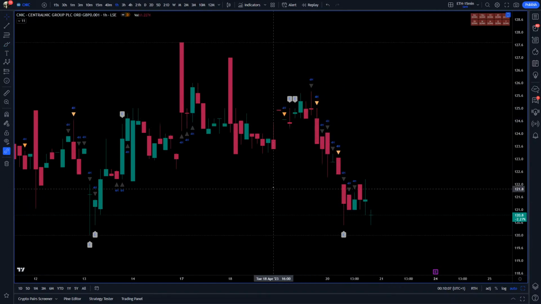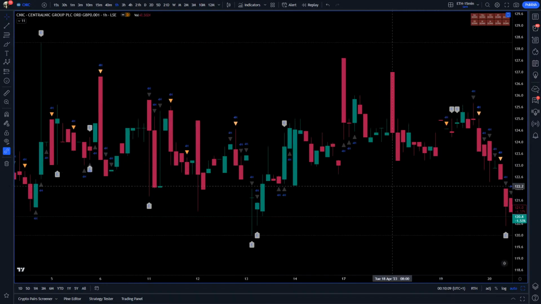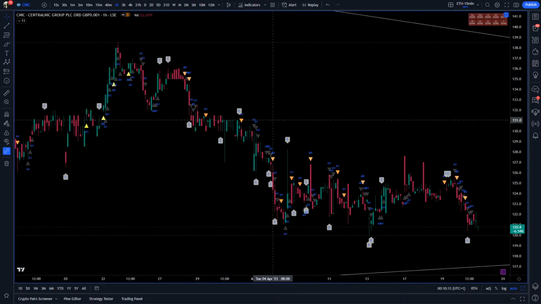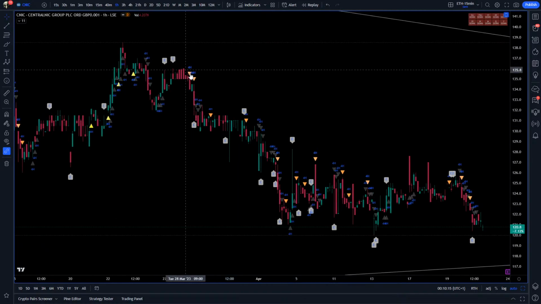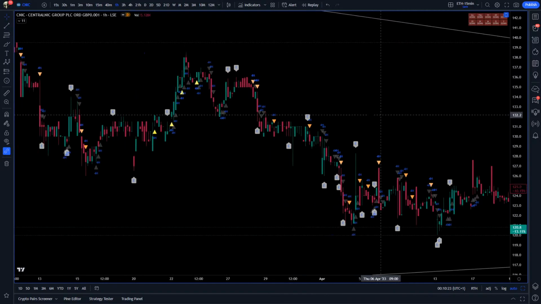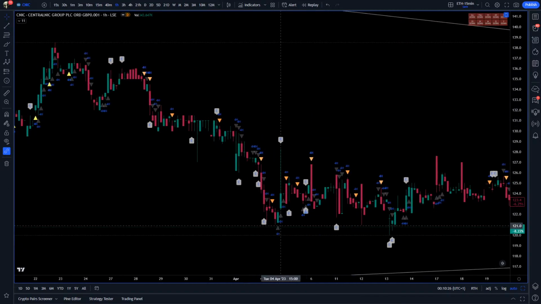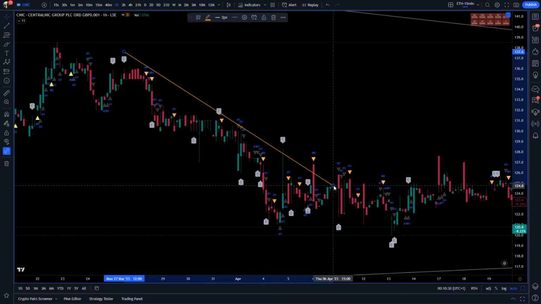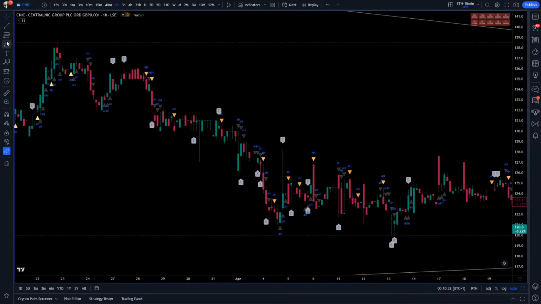Okay, we can use another example, right over here, where we have our 4-hour trend that's coming down from the top all the way down to the end of this what I call daily. But you don't have to know it if you're not curious about it. That's basically my strategy.